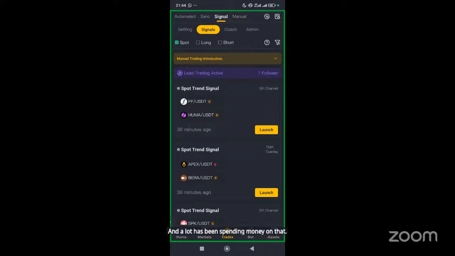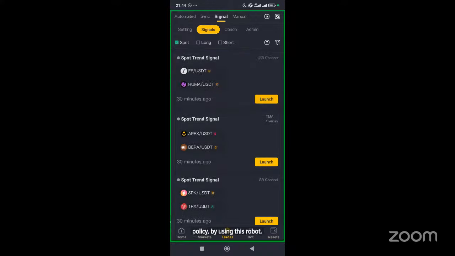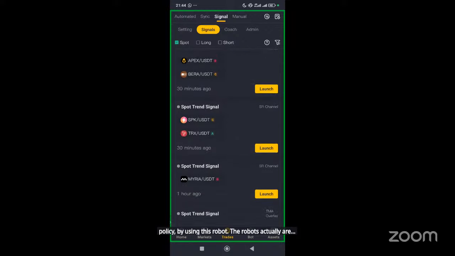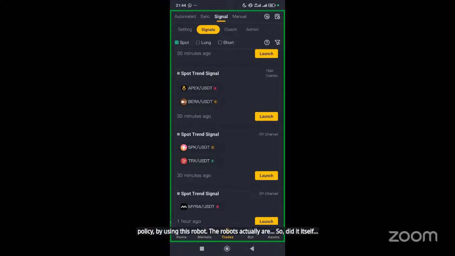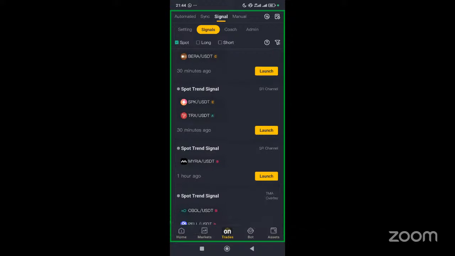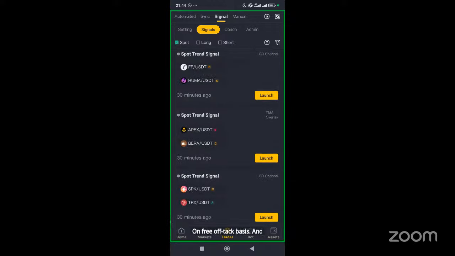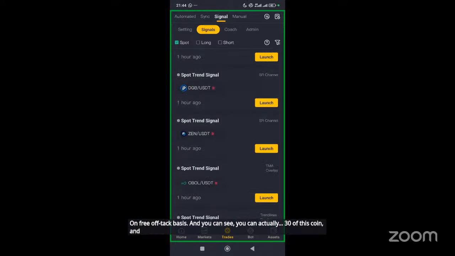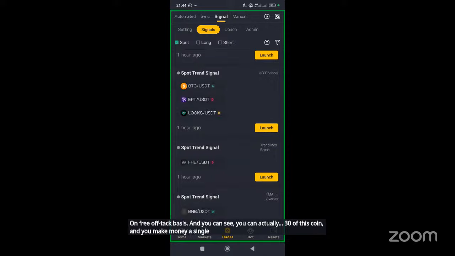But you see, by using this robot, the robot actually upgraded itself, giving us different avenues of the market free of charge. And you can actually trade these coins and make money on signals without paying anybody.